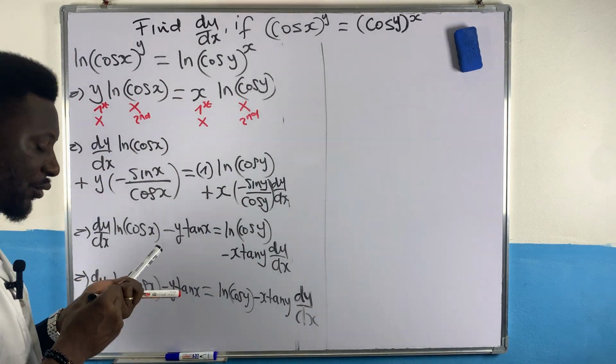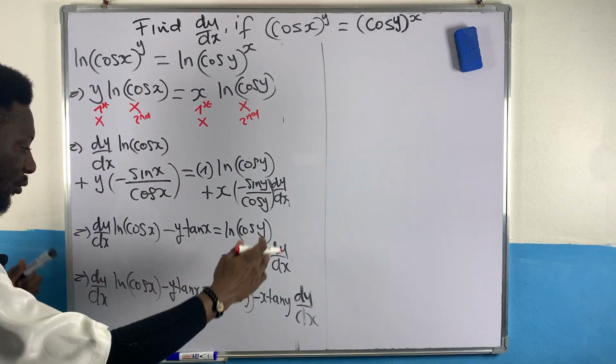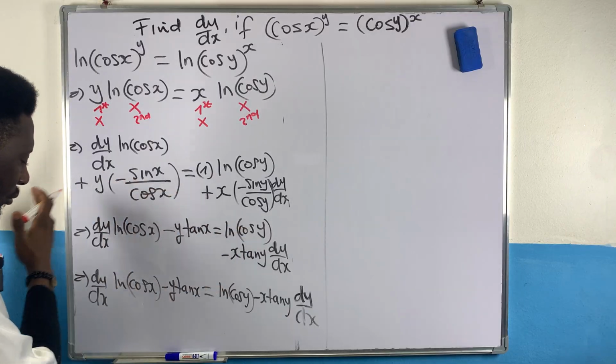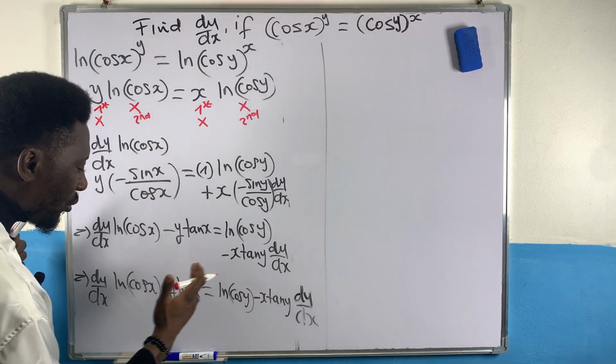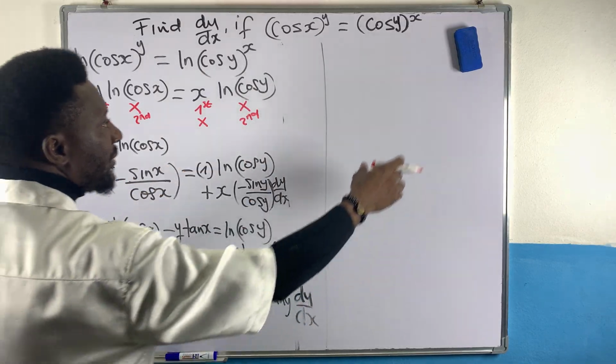Okay, so we are actually looking for dy/dx. So I will carry the terms in dy/dx to one side and any term that does not contain dy/dx to the other side.